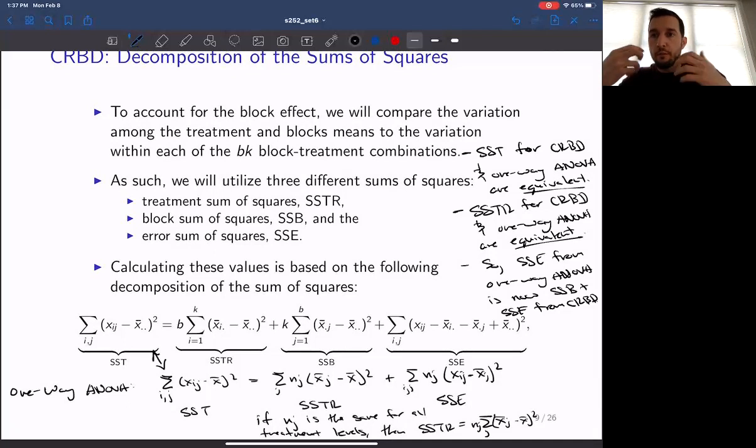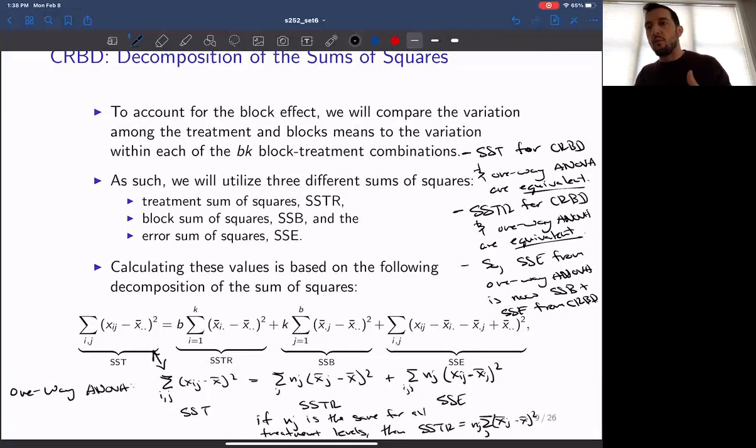So what this means from a practical situation is the completely randomized block design is saying account for a confounding variable and then take the information, so the variance from the confounding variable, and pull it out of the error term. And by pulling this information out of the error term, you are effectively decreasing the error.